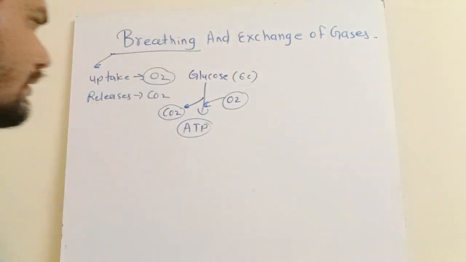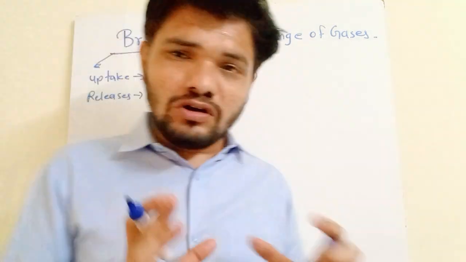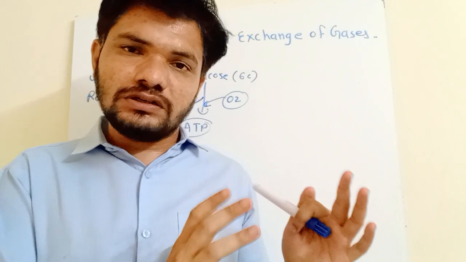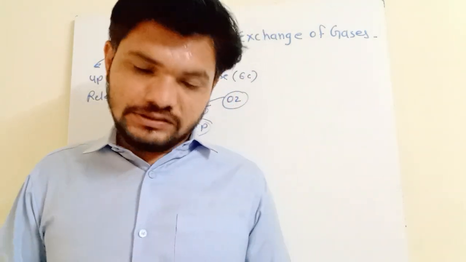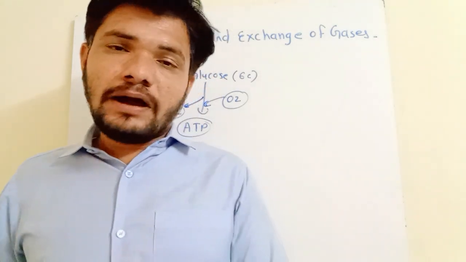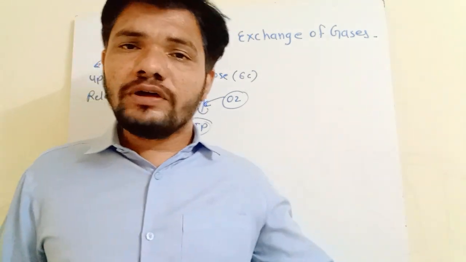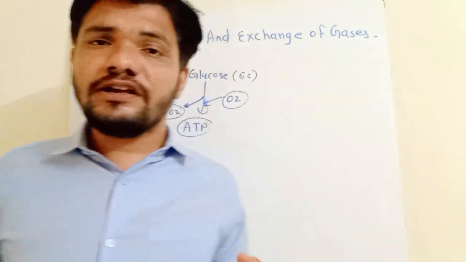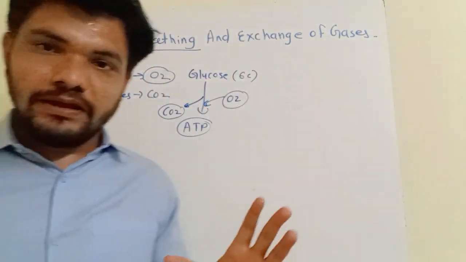Okay, so this is the basic need of breathing, and breathing does not always mean respiration. Respiration is a vast term. Breathing is just a part of the respiration process. In respiration, the whole process comes in: glucose is broken down by glycolysis, then pyruvate is made, pyruvate is converted to acetyl CoA, then acetyl CoA goes into the Krebs cycle, then NADH2 and FADH2 are produced, and then NADH2 and FADH2 go into the electron transport chain, and finally we get ATP.